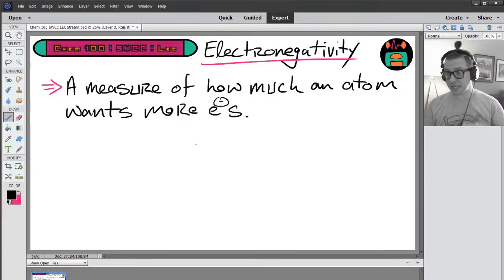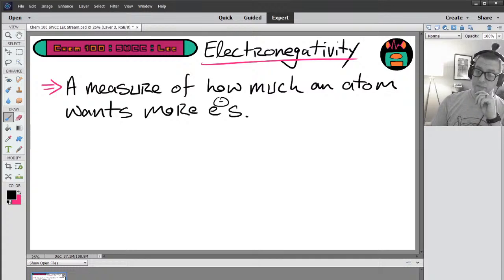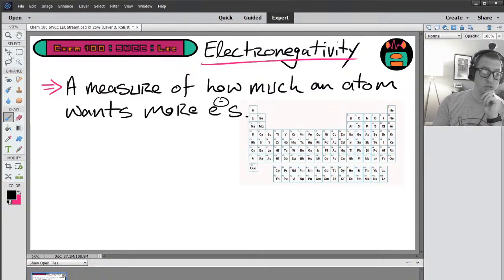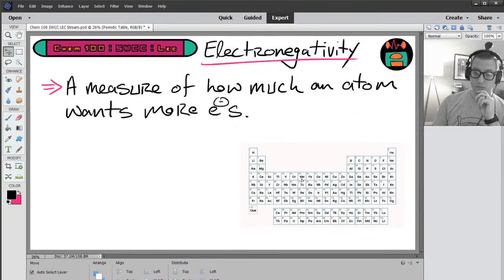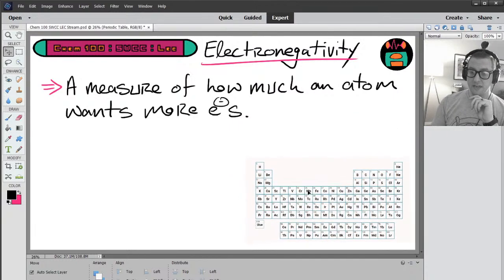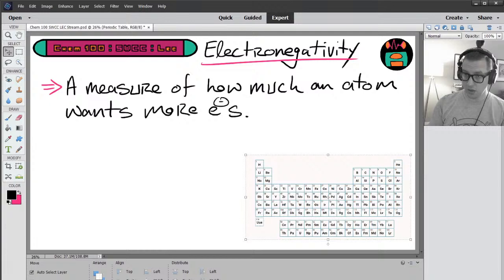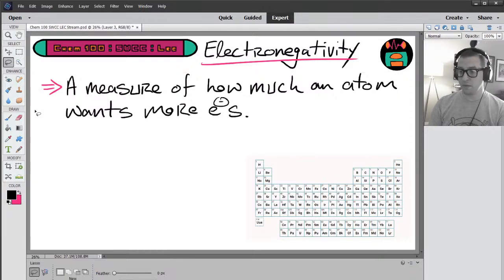Electronegativity is a measurement of how much an individual atom wants more electrons. And as it turns out, electronegativity trends along the periodic table. So it changes in a predictable pattern as you move through the periodic table.